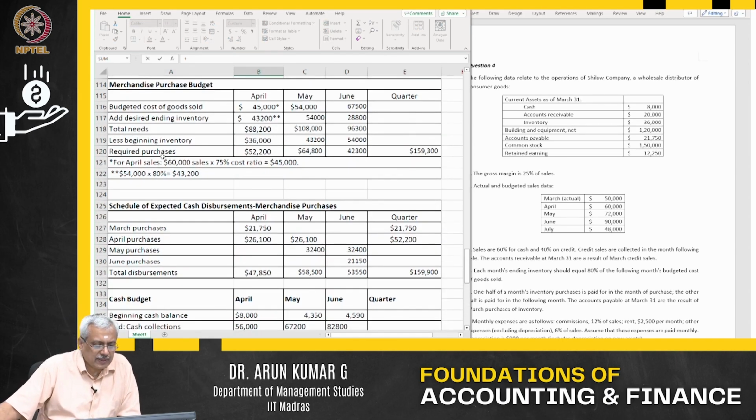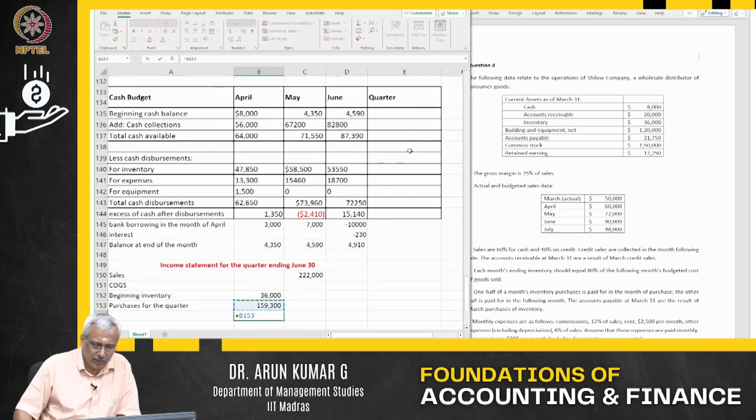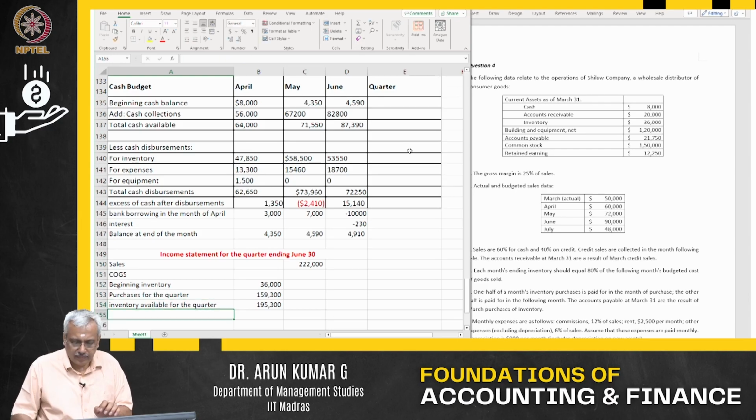This is the percentage purchase by that. This is the required purchase. This is the purchase for the quarter. So what is the amount of goods available? That is the inventory available for the quarter. Now less ending inventory.